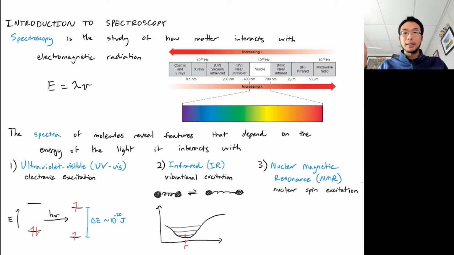So sometimes the bond is slightly longer, sometimes it's slightly shorter. Depending on how high in energy we are operating, that could be a wider vibration or a narrower vibration. IR is associated with an energy gap of 10 to the minus 22-ish joules, which tells you that's a smaller amount of energy than for UV-vis.